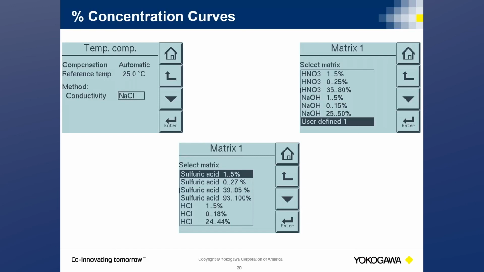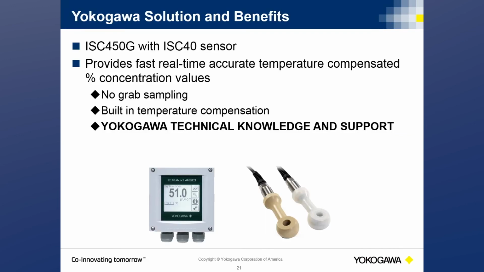So you have your own unique concentration curve for your own unique salt. So basically we can easily build your own conductivity versus concentration table and program it directly into the analyzer itself. So when we come across those applications, it's not a problem.